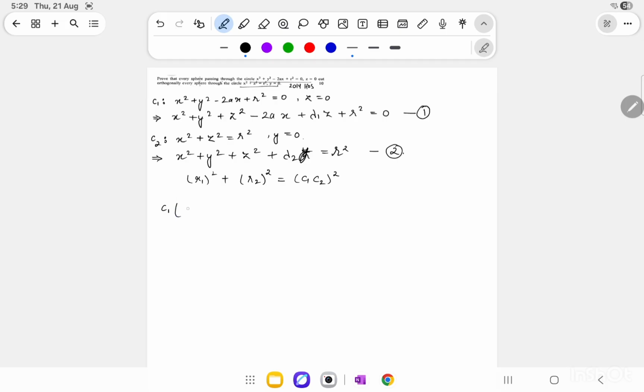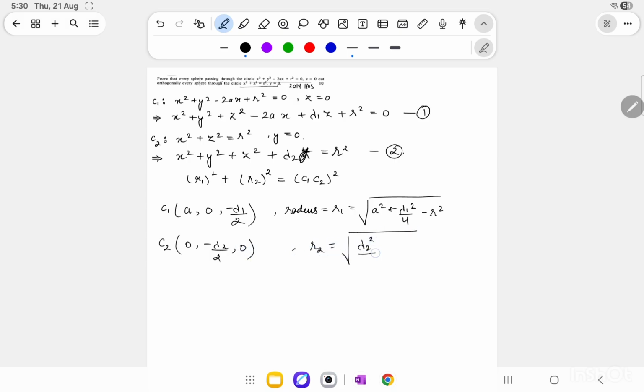So its center will be a, 0, minus lambda 1 by 2, and its radius, let it be r1, will be under root a square plus lambda 1 square by 4 minus r square. Likewise, I can find center of sphere C2. It will be 0, minus lambda 2 by 2, 0, and radius r2 will be under root lambda 2 square by 4 plus r square.